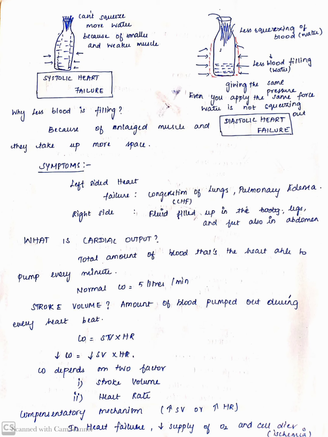As I told, the cardiac output depends on two factors. One is the stroke volume, another is the heart rate. So the cardiac output goes down if we lower the stroke volume or if we lower the heart rate. And that is what happens in heart failure. Cardiac output is lower because the heart is not pumping as much blood per minute.